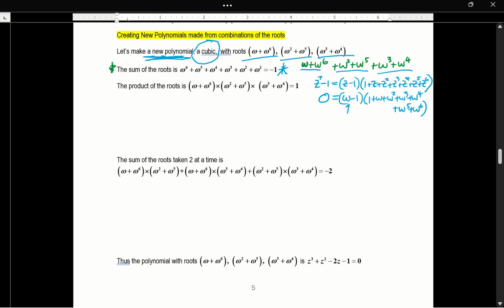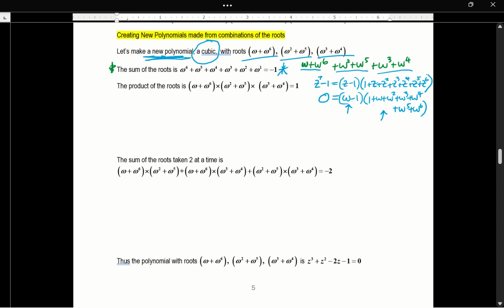Now, we know that w was not 1, because 1 doesn't have a positive principal argument. The argument of the number 1 is 0. So w must send that second set of brackets to 0.